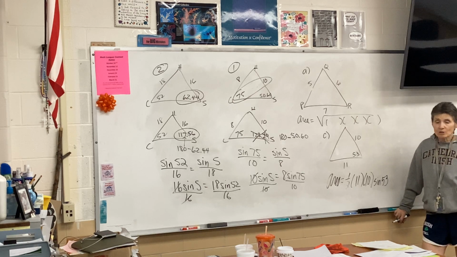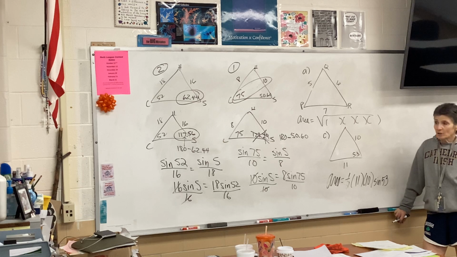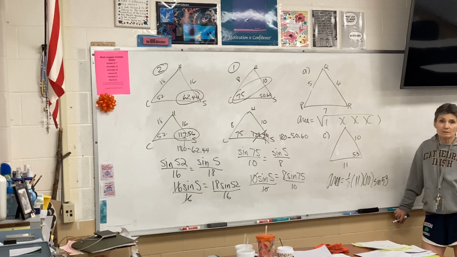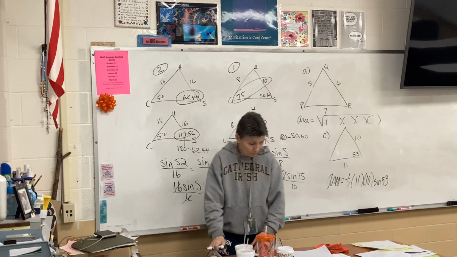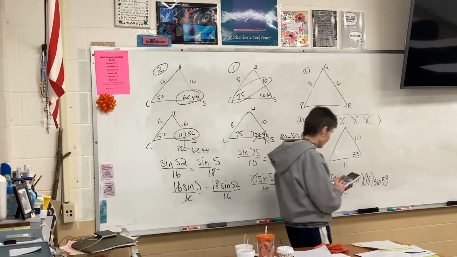So I would suggest on test day that you do the 2 that are boom, easy, and then work on the other one, because the other one's going to take a little more effort. It's still not hard, but it's going to take more effort. So C is done. C is a no-brainer, 1/2 10 11 sine 53.